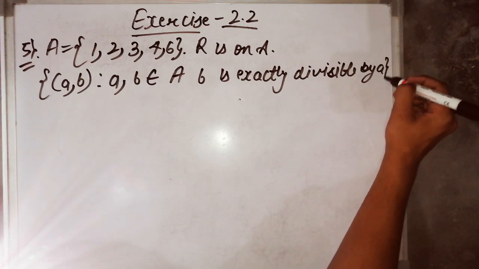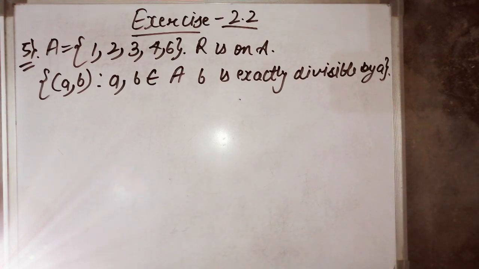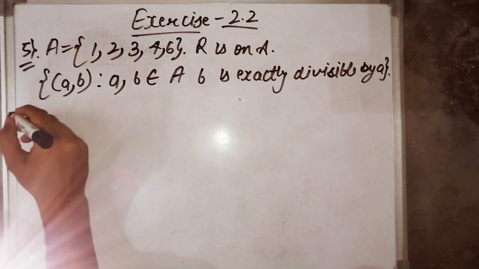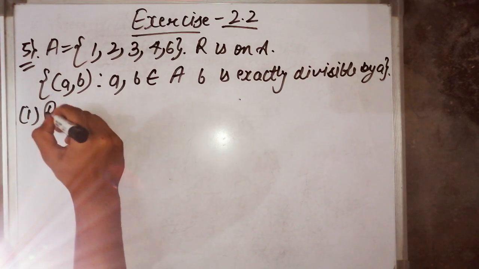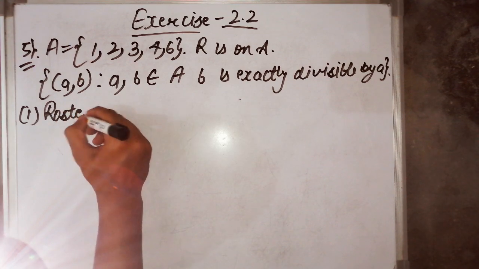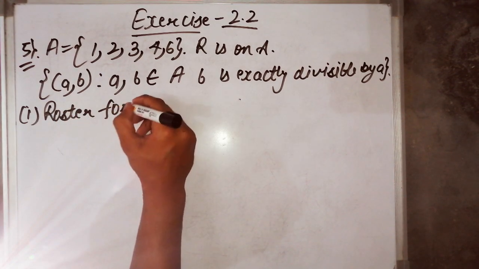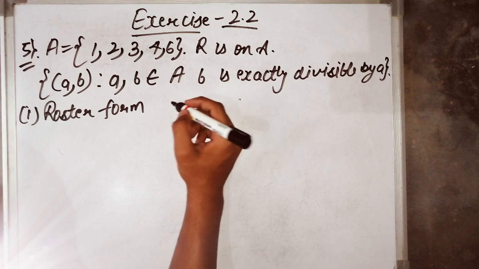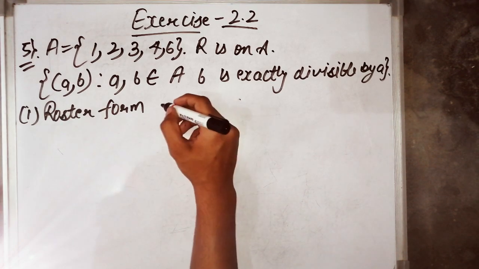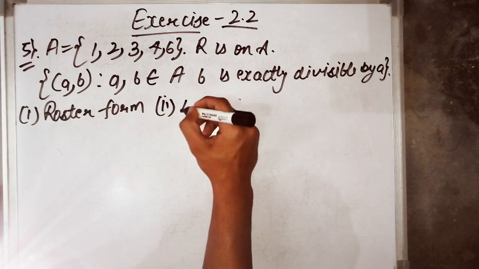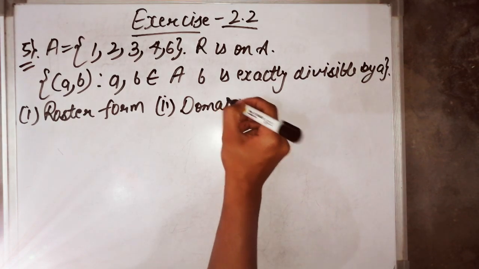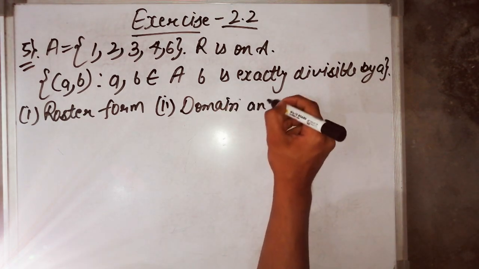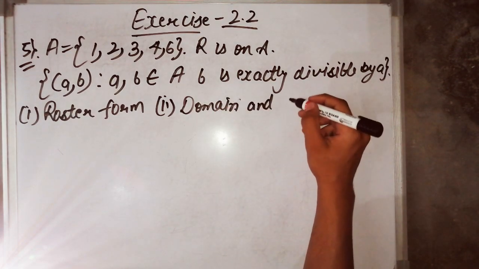Okay, write down R in roster form. Write down relation in roster form, roster form and domain and range of R.